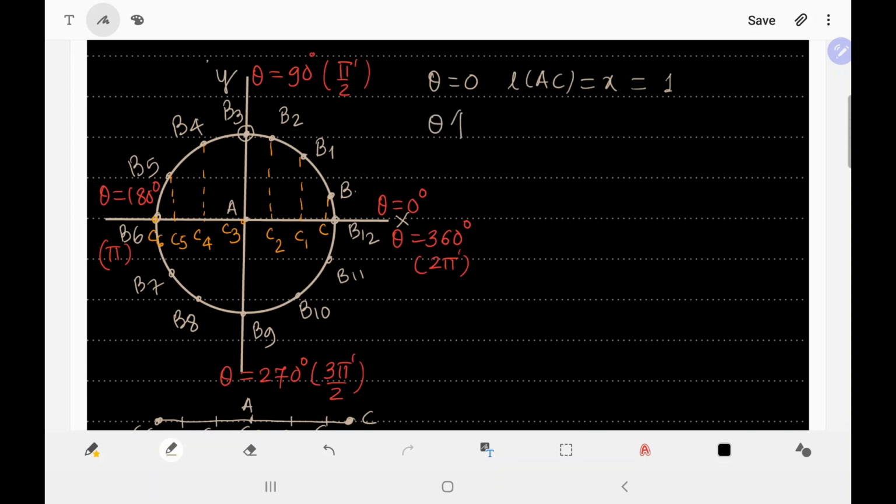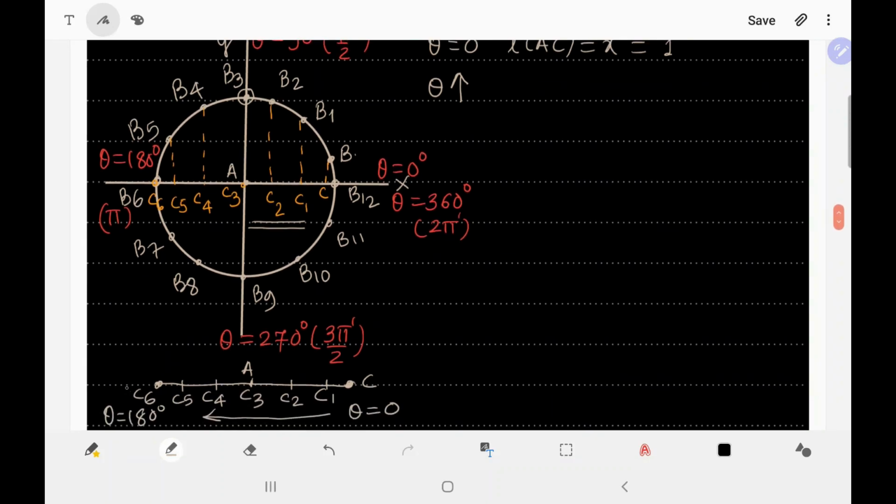Now as theta starts increasing above 0 degrees and moves towards 90 degrees, looking at the positions of C1 and C2, we can say that length AC starts reducing. This I have presented on this small linear scale.